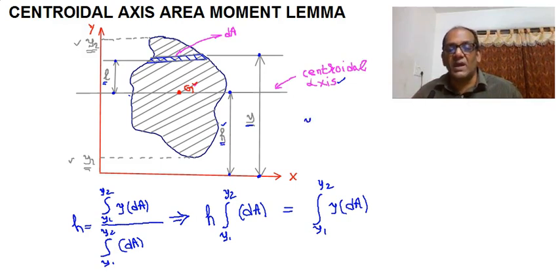That is, y is equal to h plus L. When y varies from y1 to y2, L varies from y1 minus h to y2 minus h.